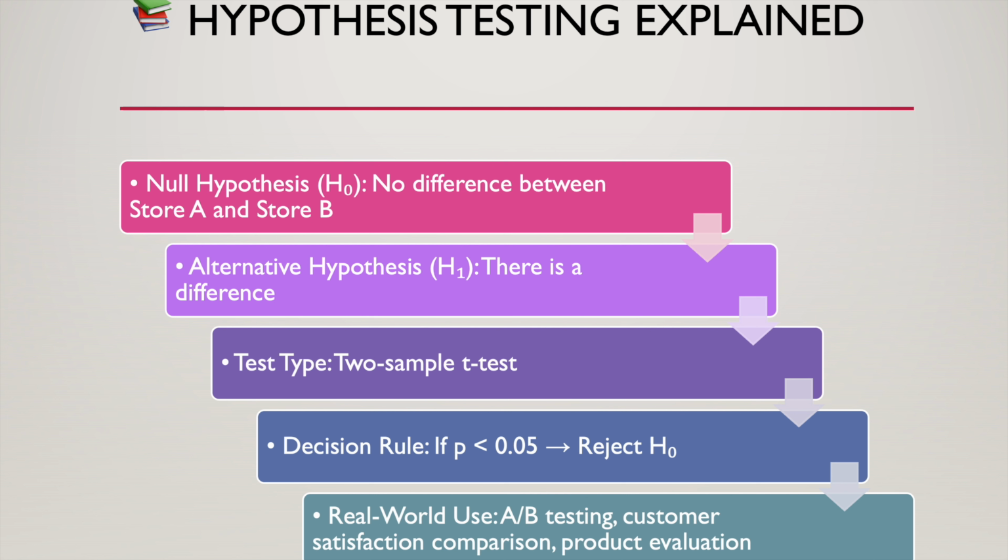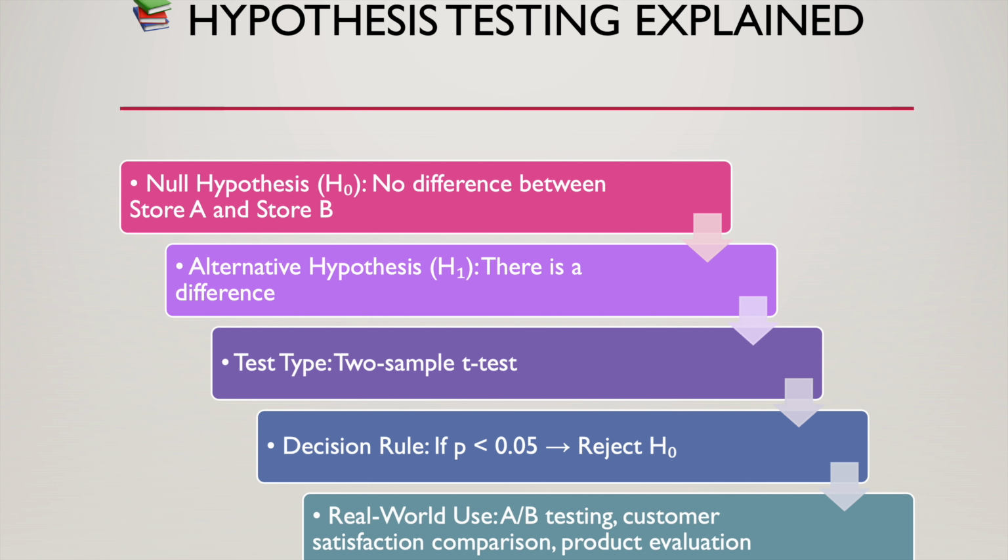In our example, we'll compare customer satisfaction scores from two different stores, Store A and Store B. We'll use a two-sample t-test, which checks if the means of these two groups are significantly different or not.